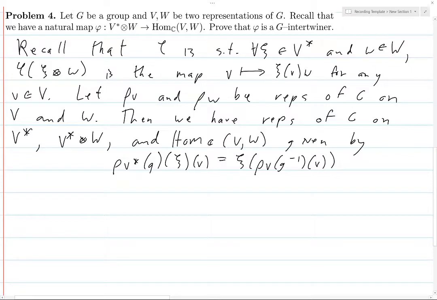Then if we have rho V dual tensor W of g, well, we're going to apply this, oh man, I have a typo here in my notes. So this is going to be acting on the tensor product, and so we evaluate it at xi tensor w, and then of course this also needs to be evaluated at v because xi is being evaluated at v.